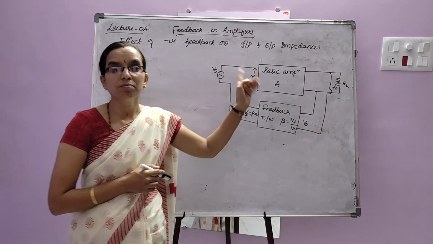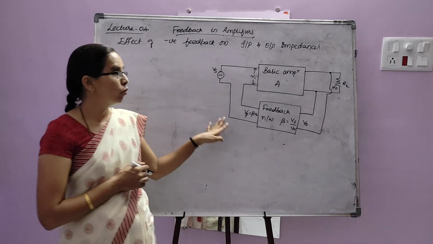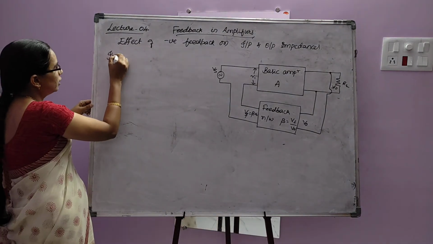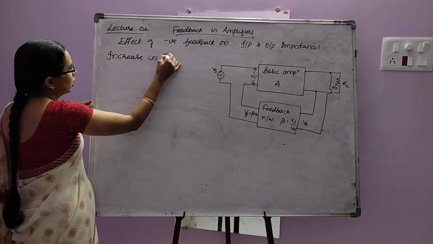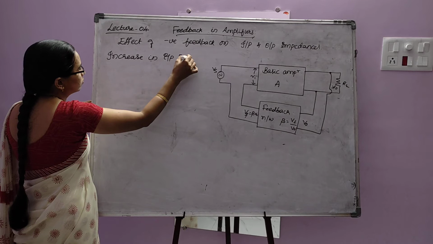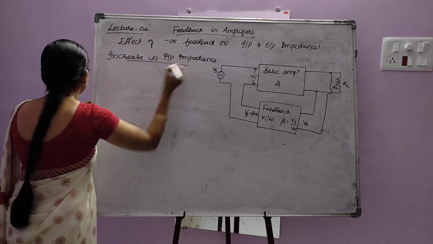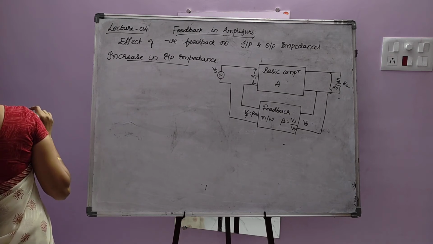Output side it is a parallel connection, a shunt connection, so output impedance decreases. In voltage series negative feedback, what we get? We get an increase in input impedance.